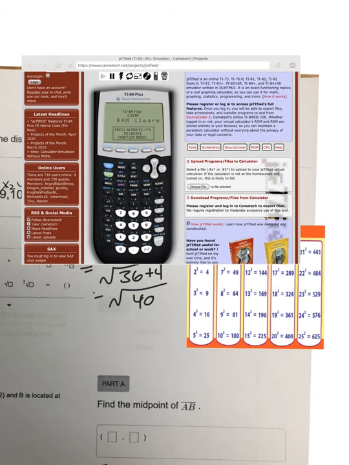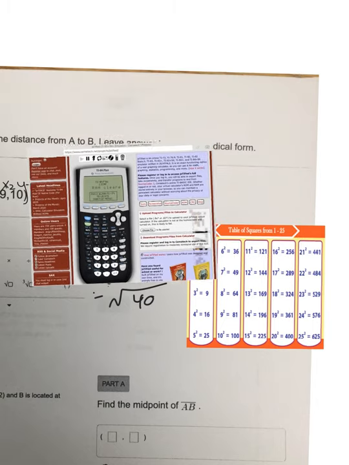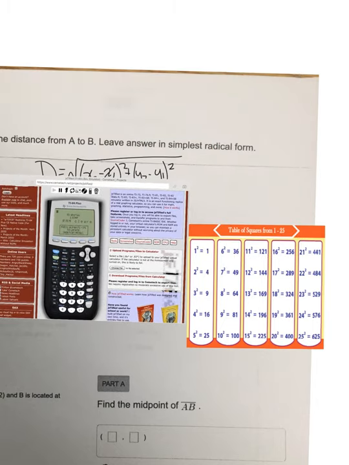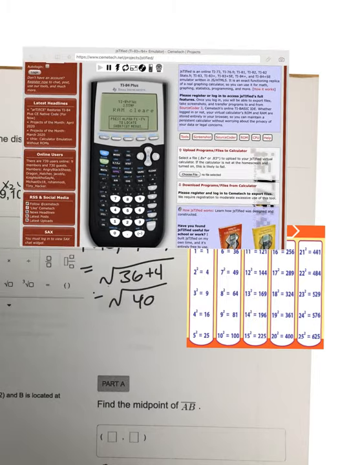The way that we said we would do this is we would find the first perfect square that's smaller than 40. So I would start here with 36 if I'm looking at my list.